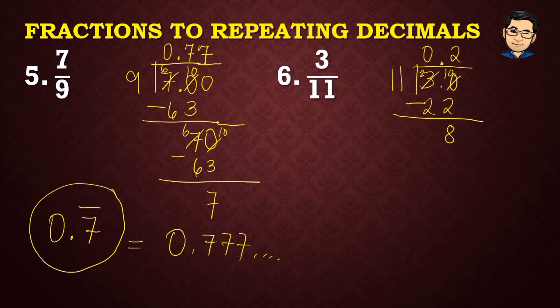Okay. Next, we need to add 0. So, 80 divided by 11, that is 7. So, 7 times 11, that is 77. So, 80 minus 77, that is 3. Next, we need to add 0.